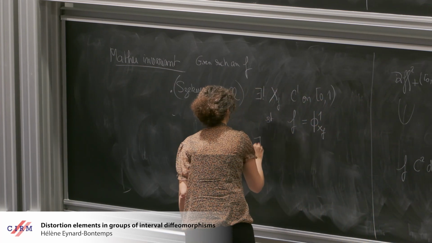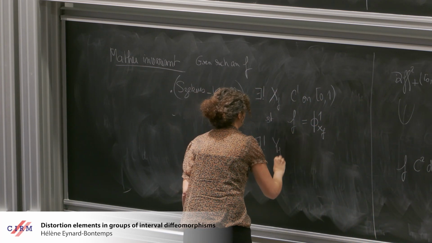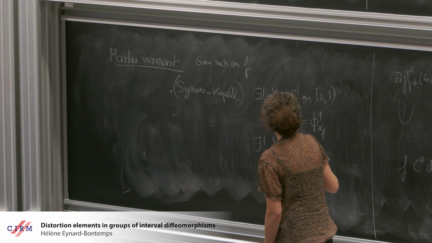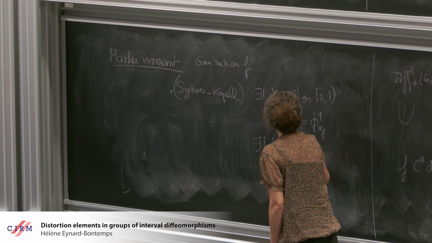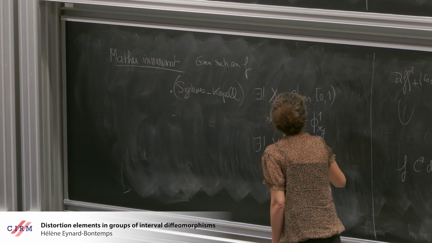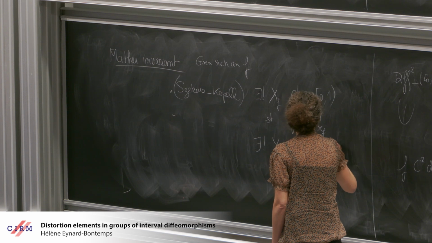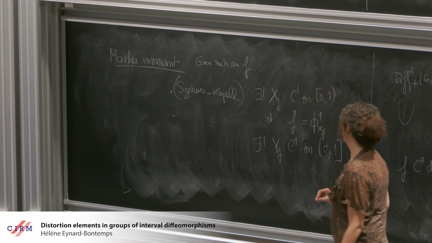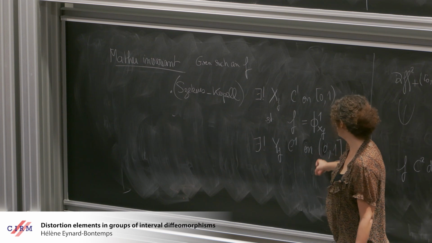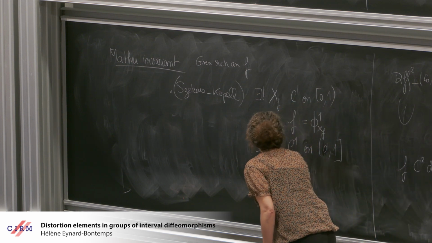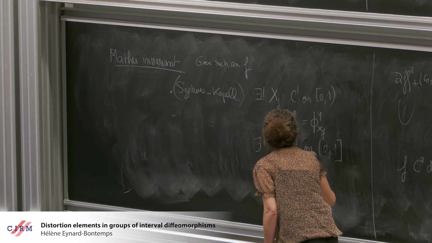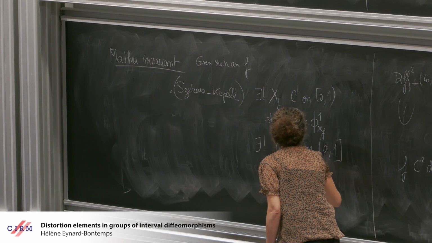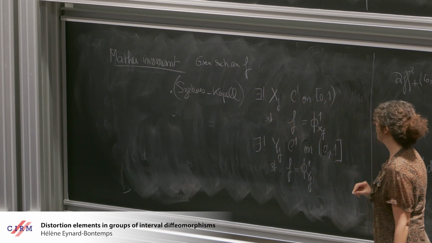And you have the same thing on the right. You have another vector field, which is this time C1 on the semi-open interval, but open at 0, so it's only continuous at 0, such that f is the time 1 map of this vector field.